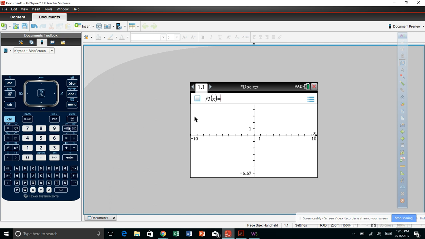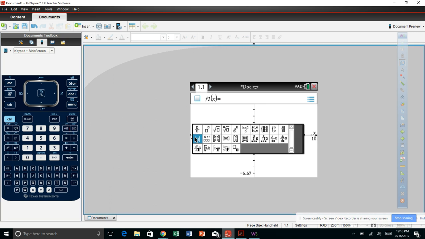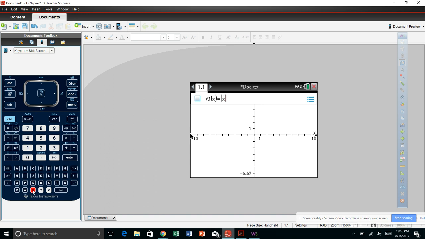So we've got the absolute value of x minus 2, and then we go outside and we got minus 3. Minus 3, and then enter, and then press tab.